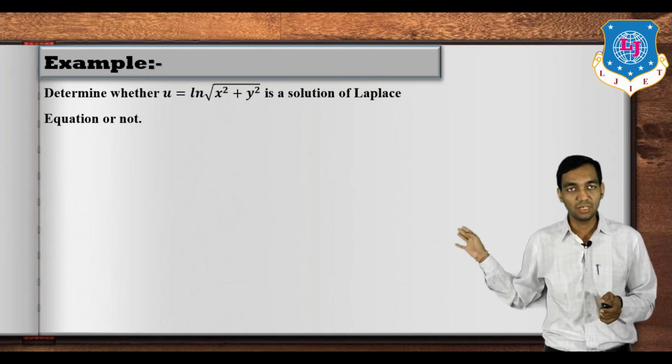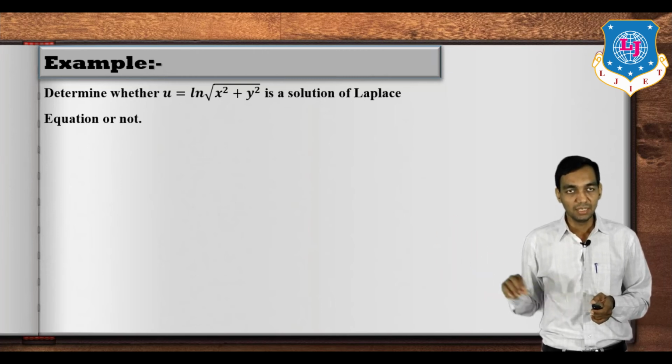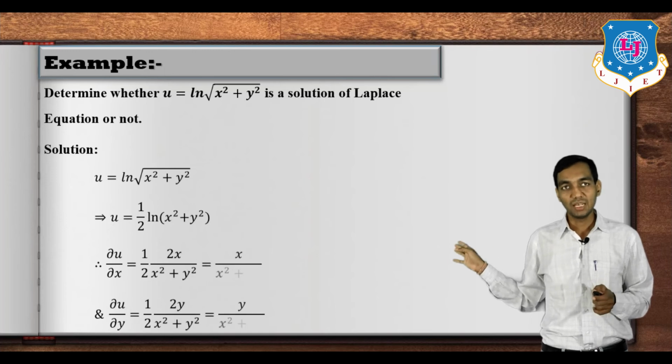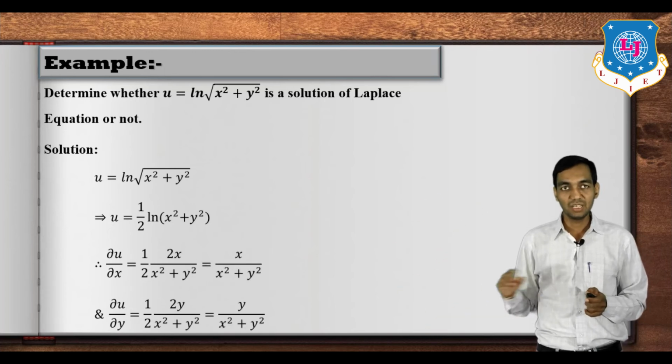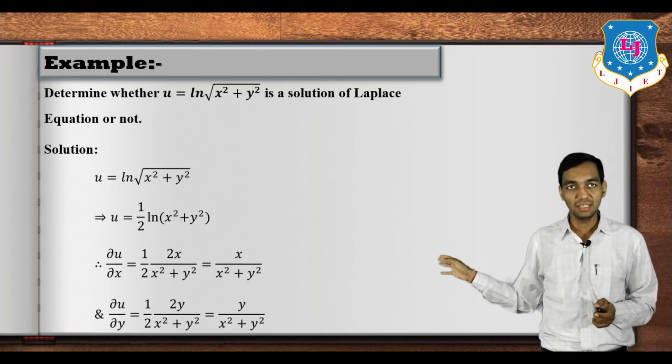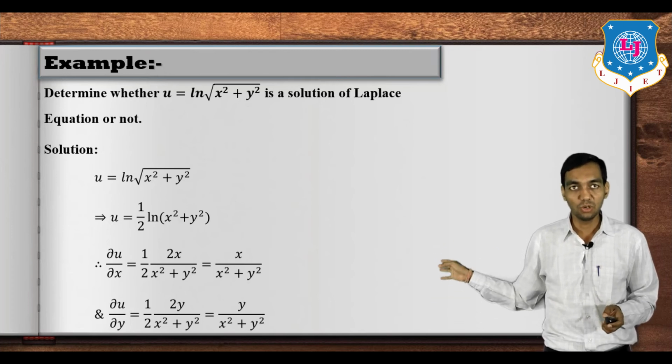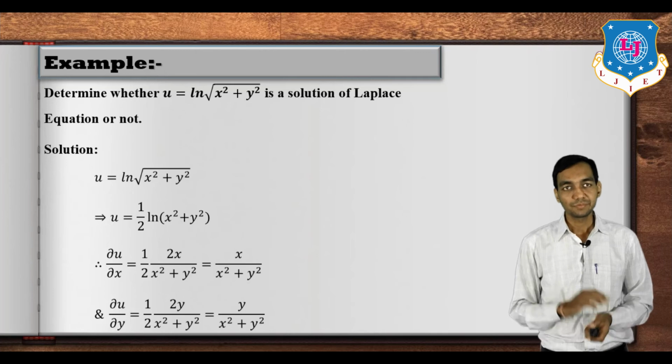So u is equal to log of the square root of x square plus y square. That means you can use the properties of log, and 1 by 2 will be a multiplier of the log. So u can be written in a simple form as 1 by 2 of log of x square plus y square.